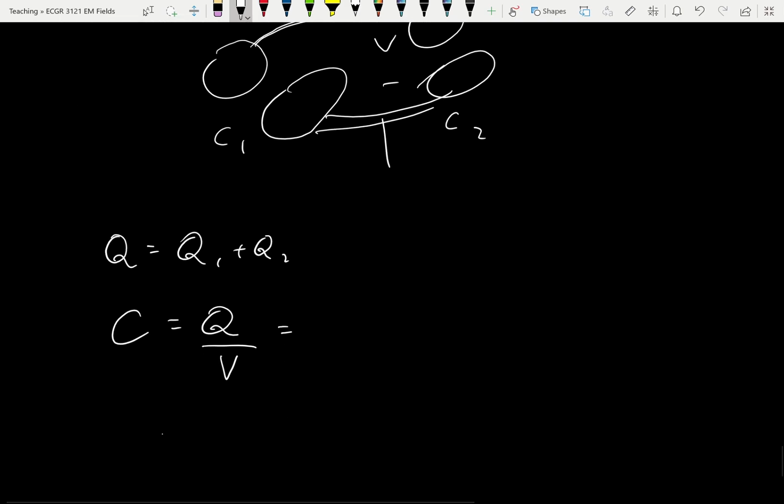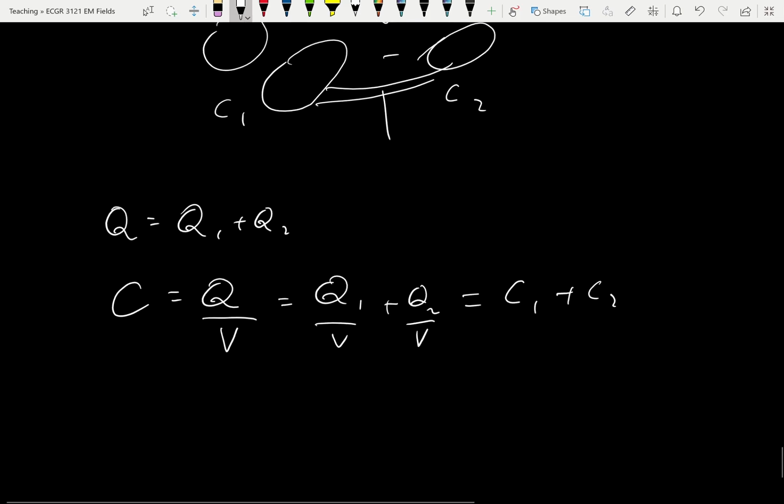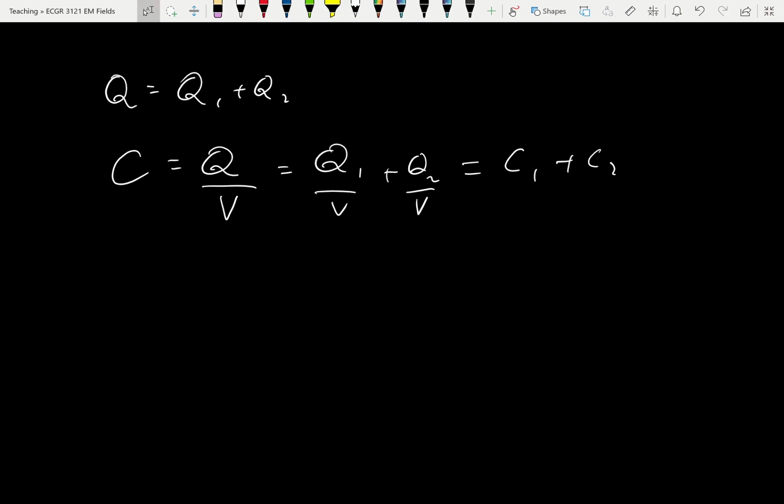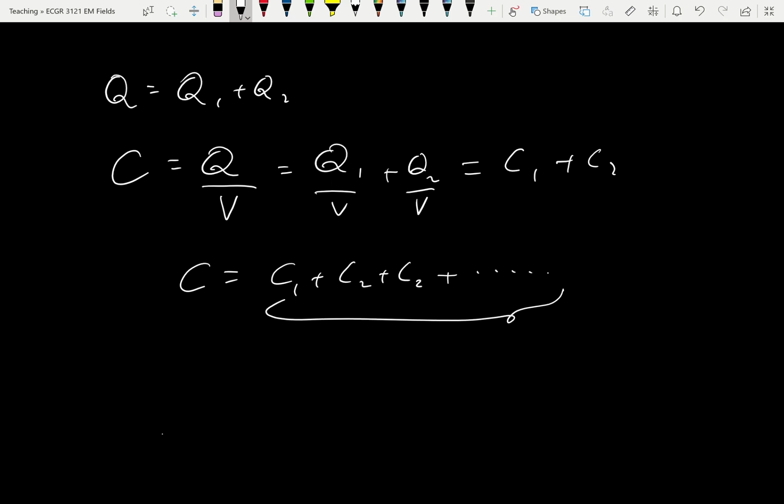So this equals Q1 over V plus Q2 over V. This equals C1 plus C2. So when you have parallel connected capacitors, the equivalent capacitance is just the sum of all the parallel connected capacitors. So this is parallel.